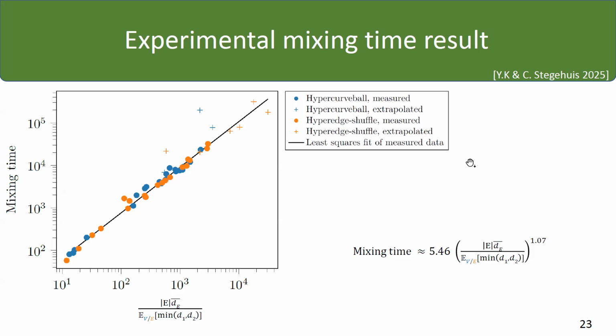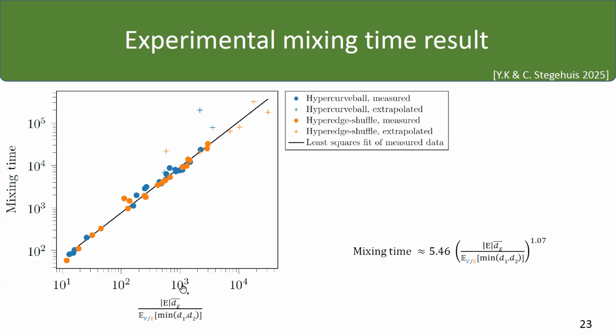In this slide where I showed how we can estimate the mixing time, we have this function here at the bottom. And here we do have the number of edges times their average degree. So the top part tells us how many incidences we have, how big your system is, and the bottom part tells us how many of those instances we can change per step.